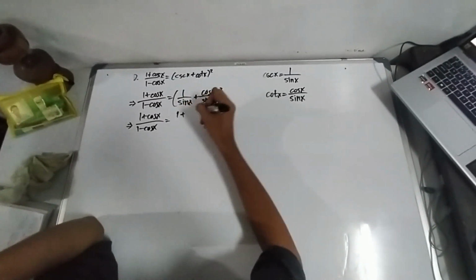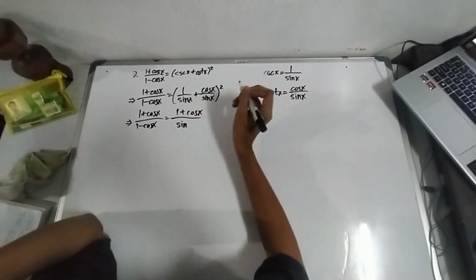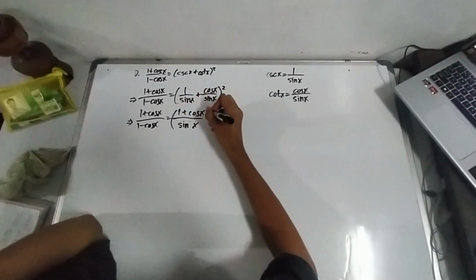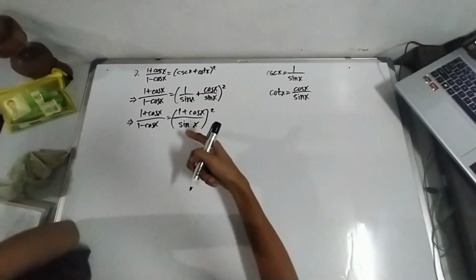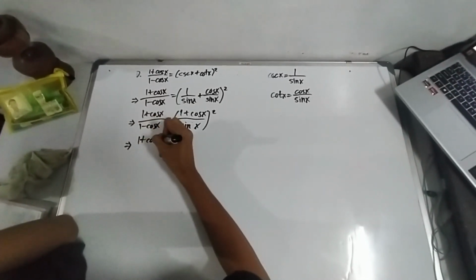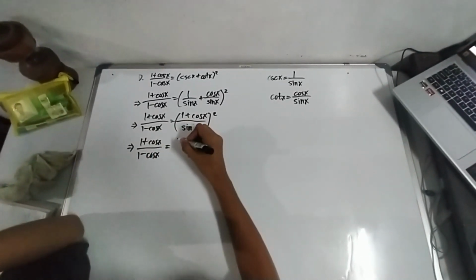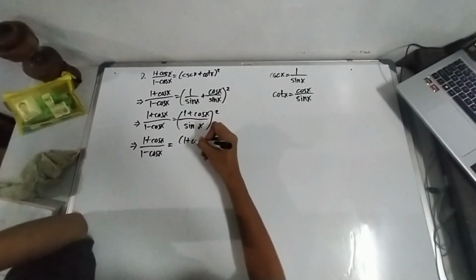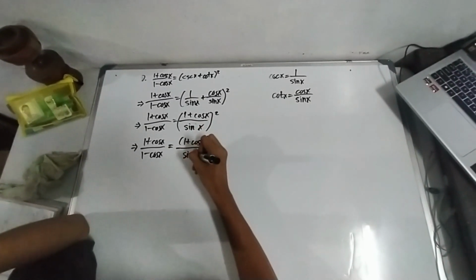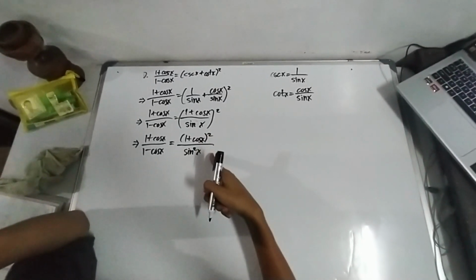So (1 plus cos x) over sine x, all squared. To simplify this further, it would become (1 plus cos x) squared over sine squared x. Now, I think this is the simplest form of the right side.